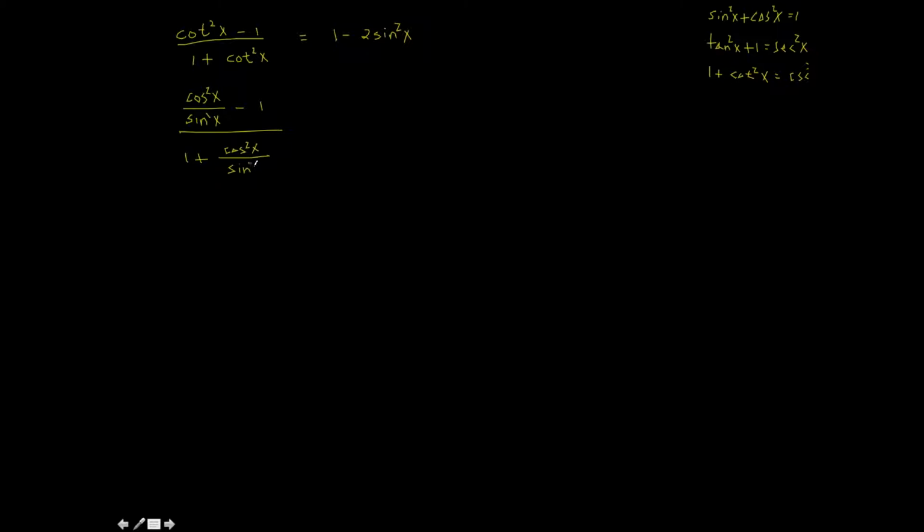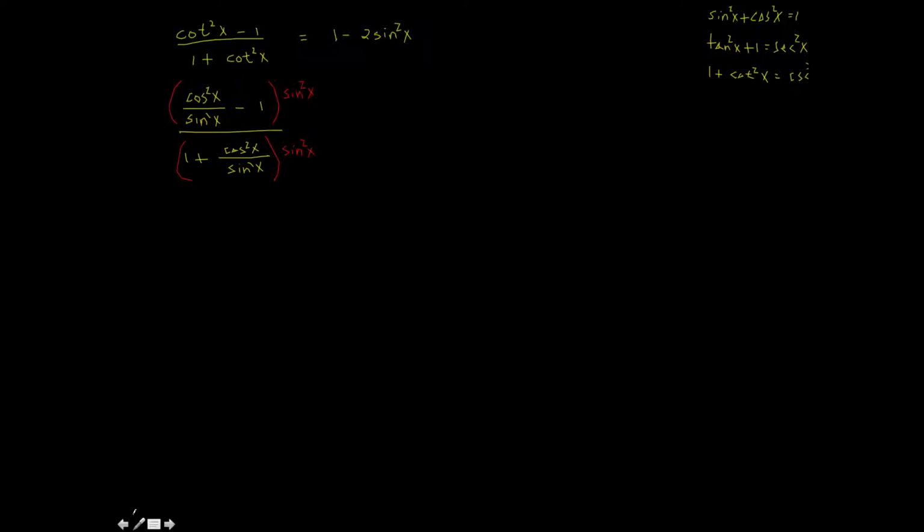Well, now if you notice, we have the same common denominator for the top as we do the bottom. So we can multiply through again to get rid of our complex fractions. So my common denominator would be sine squared x. So I'm going to multiply through top and bottom by sine squared x.